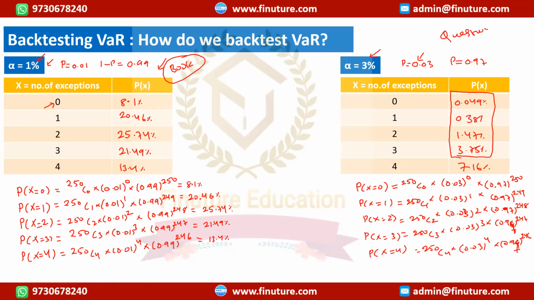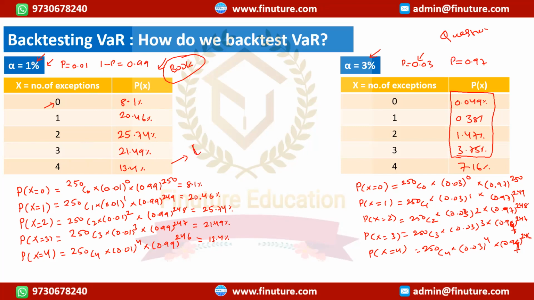Likewise, in your book, say for example, if you are supposed to calculate type 1 error, if your number of exceptions is 4, you will add up all the numbers till 4 exceptions, the cumulative probability.